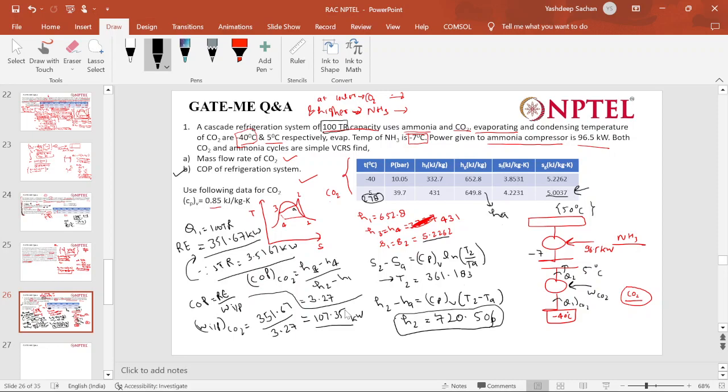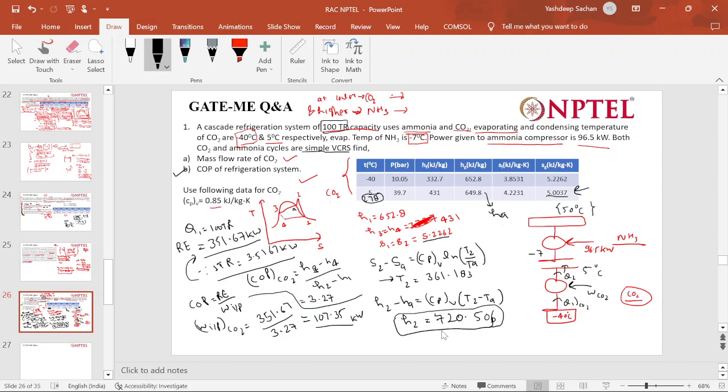No, but here it is not written that it is an ideal refrigerator. It is a VCRS cycle, na? It is written here, simple VCRS. Okay, sir, that formula will work for the ideal or reversible cycle. Okay, sir.